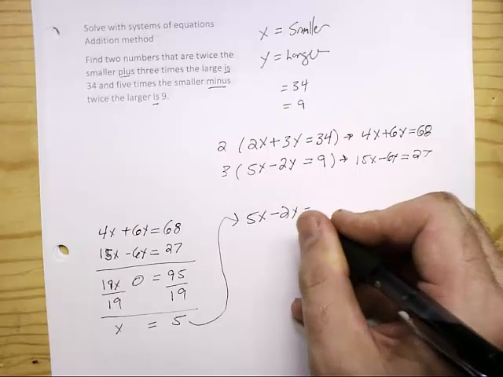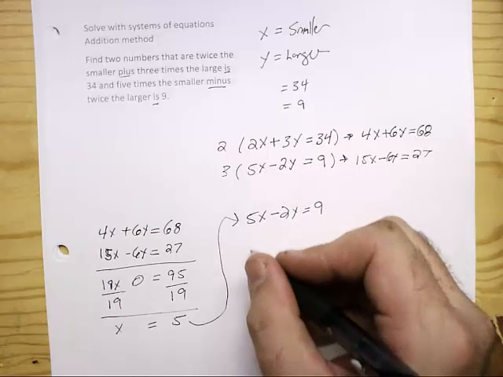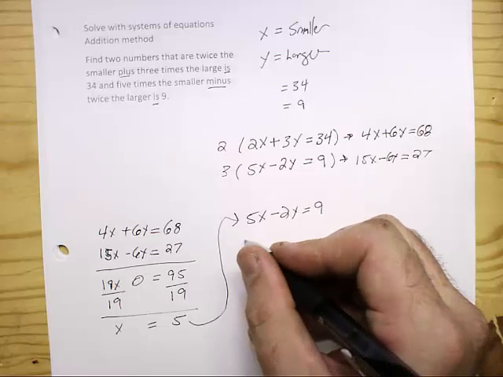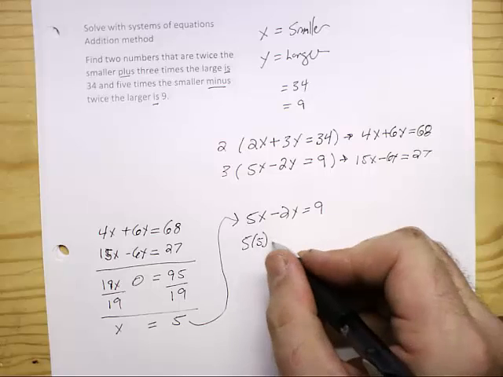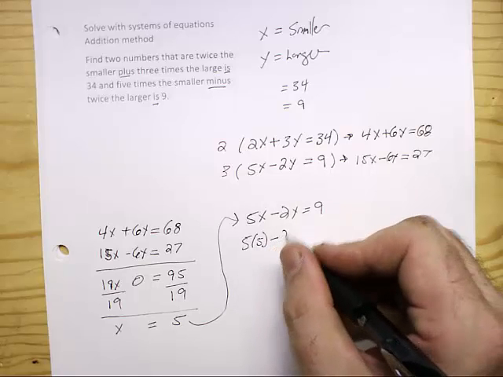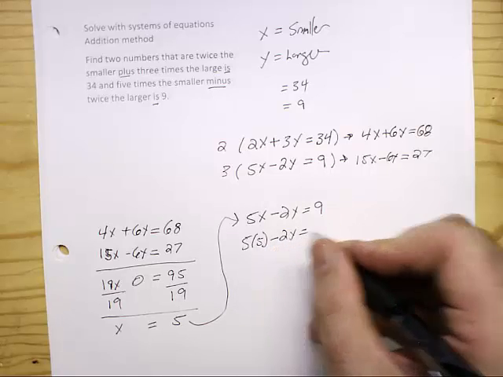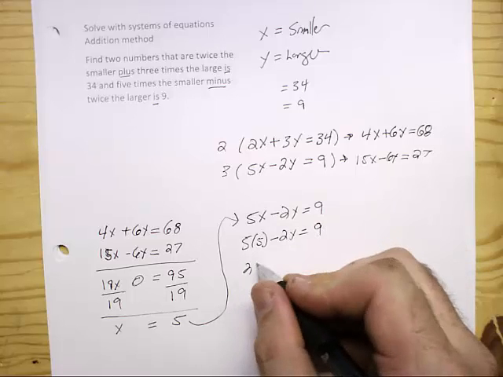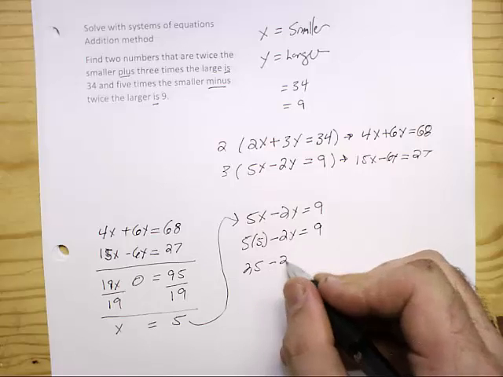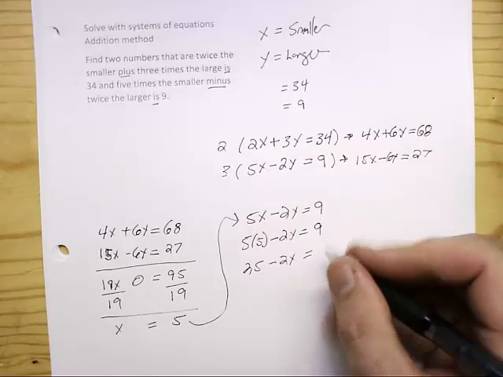Put little brackets around it so you can see. So this equals 25 minus 2y equals 9.